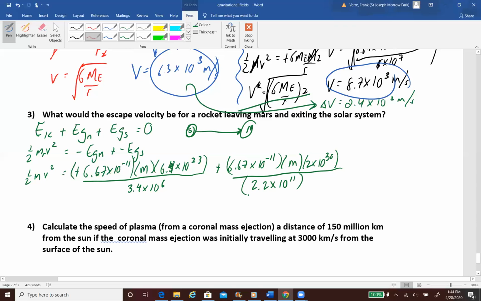Okay, or 220 million kilometers, not billion. Okay, you can see that the mass of the rocket is going to cancel out. And then we can multiply everything by 2 to get rid of the half, and then we can take the square root.